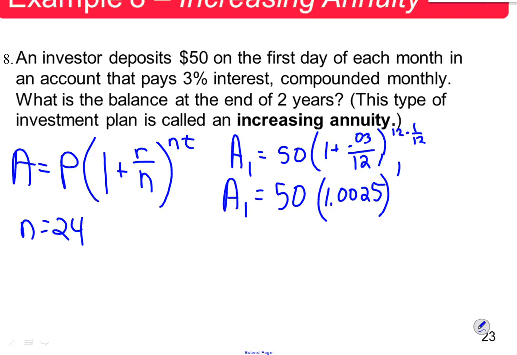So what is R? R for the series. This is the R in the series.